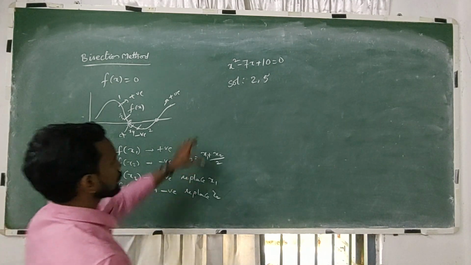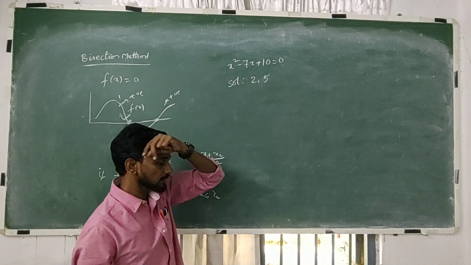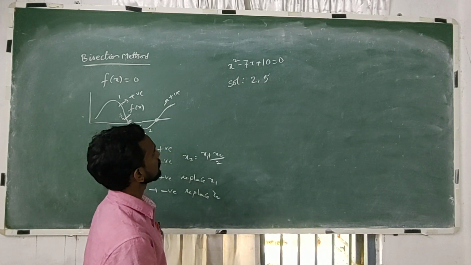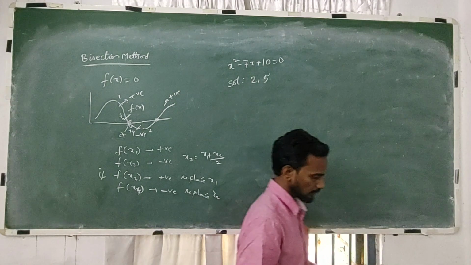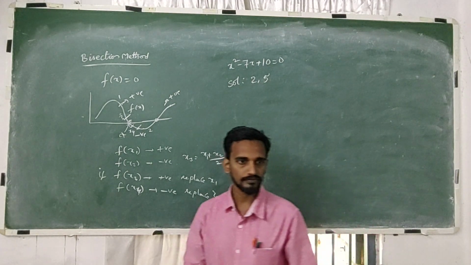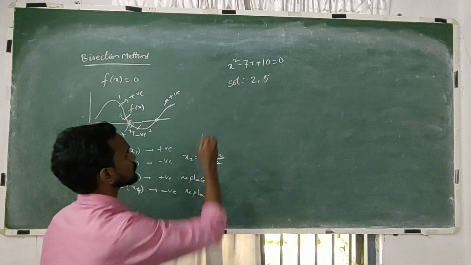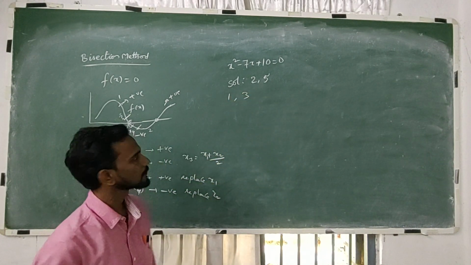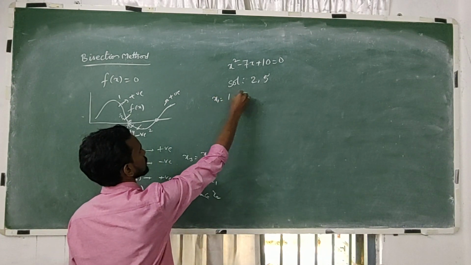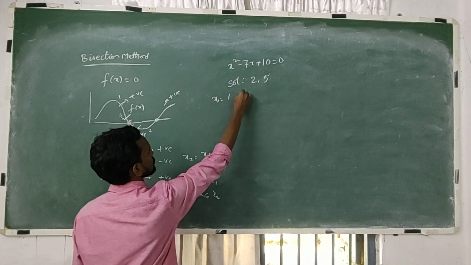These are known things. For this example, I need to identify an interval where the function changes its sign. So I am considering 2 points, 1 and 3. I am considering this as x1, this as x2.